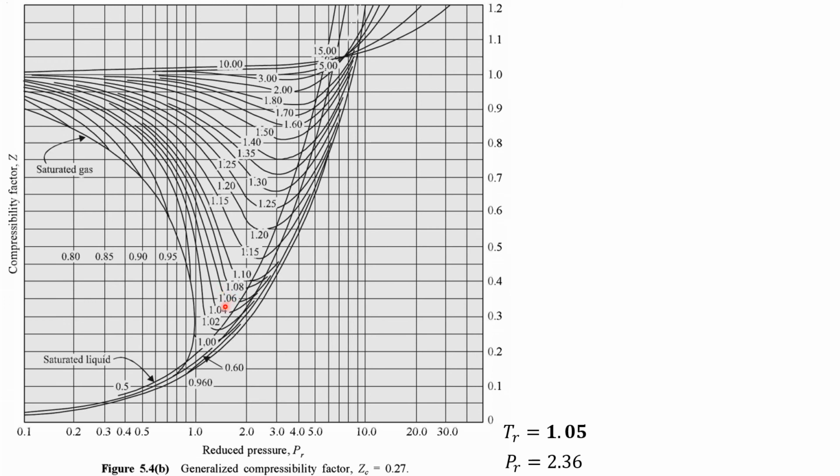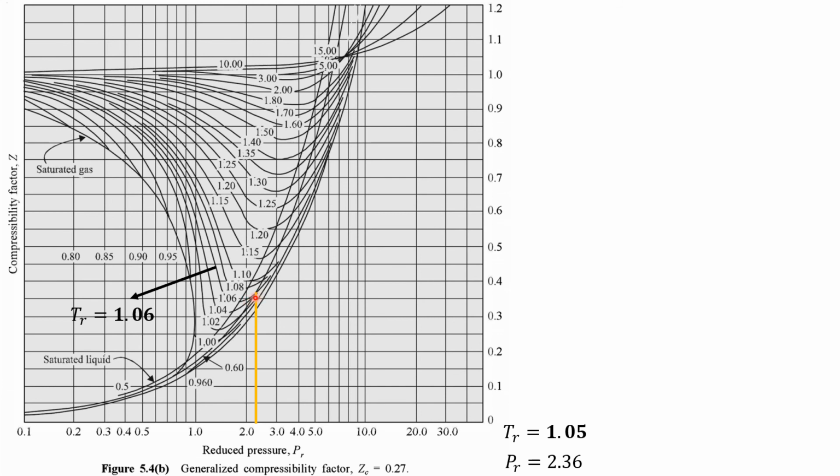So 1.05 will come between 1.06 and 1.04. So this is the TR equal to 1.06 line. We can see where this TR equal to 1.06 line is going.